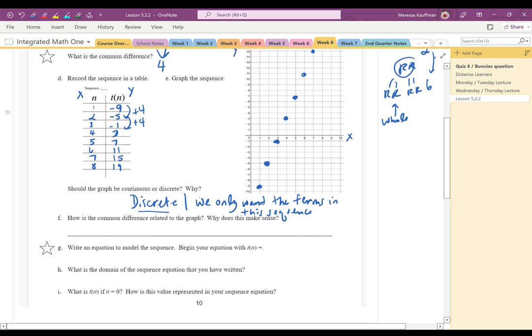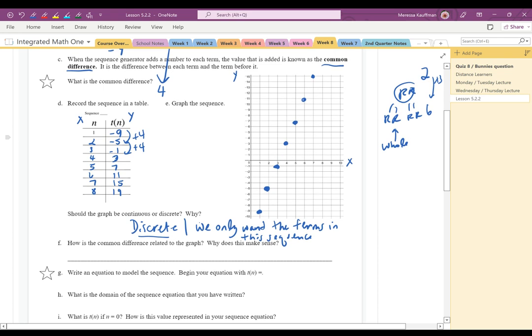How is the common difference related to the graph? Ooh, this is a good one. You guys ready? Here we go. Notice that I go up 4 and to the right 1. Up 4 to the right 1. It's the slope, right? Our common difference is our slope.